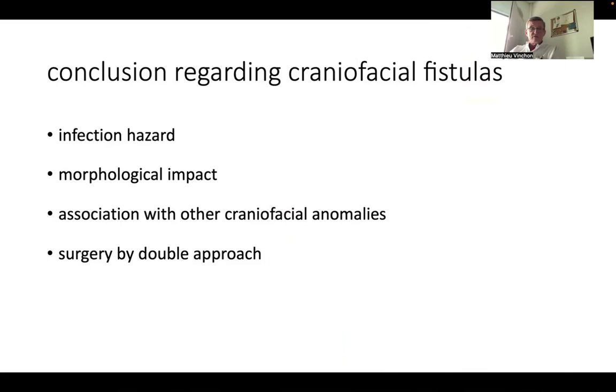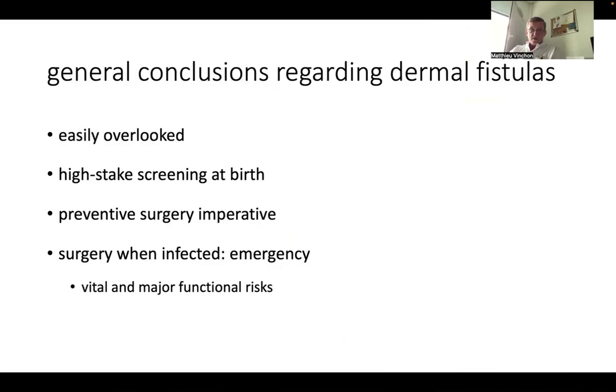So if we may conclude regarding the craniofacial fistula, like the others, there is a very severe infection hazard, but also a morphological impact. These lesions can be associated with other complex craniofacial anomalies, and they are operated by double approach.